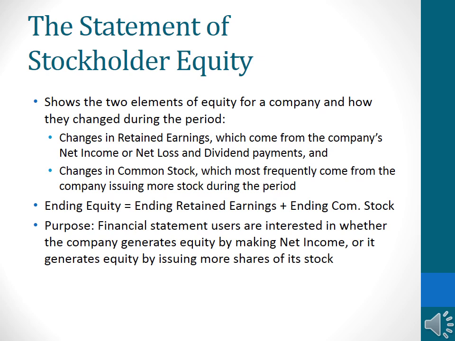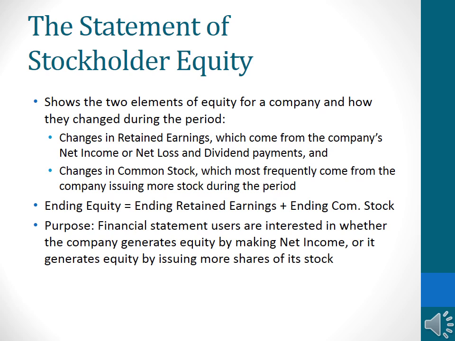Now let's talk about the statement of stockholder equity for a minute. This is one of the statements you learn to do in Accounting 202, so we don't do very much with it in our class, but you should know what it has in it because it shows some very interesting information. It shows the change in retained earnings, so it's a place where you can easily find out if the company had net income or net loss in a year.